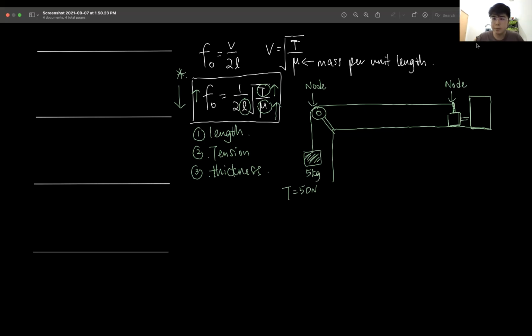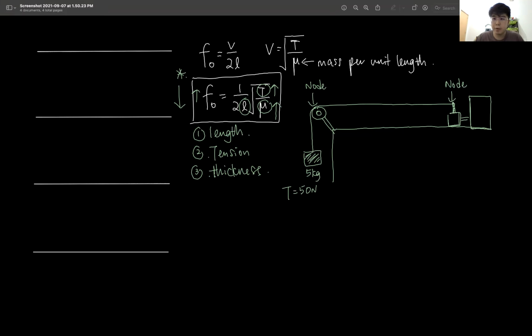Wait, I think the audio keeps on connecting to my AirPods. Let me check my AirPod real quick. Maybe it's not in the case. Let me put it back into the case because it keeps connecting to it. So the audio is disconnected.